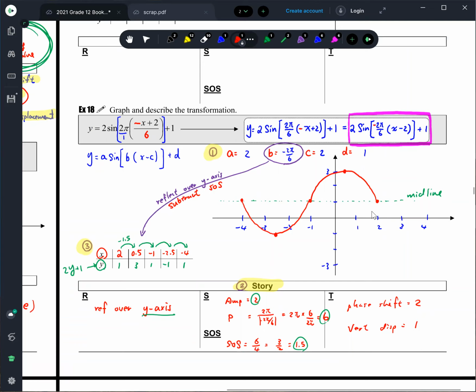Instead of trying to draw the graph, they give you the graph. So your step 1 will now be to look at the graph. You don't need to draw it. And then from there, you try to get a table of values. From the table, you get a story. Once you have the story, you can write A, B, C, D. And then you find the original function.